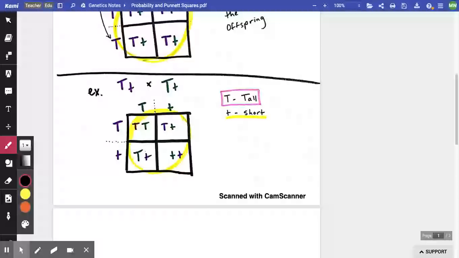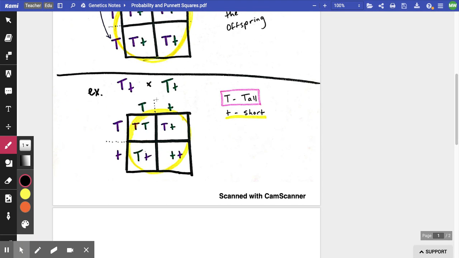And notice capital alleles are dominant. So the trait being tall is dominant in this example. Lowercase t is recessive, and that is for the trait being short. The only way for that shortness to show up would be if there were 2 lowercase t's.